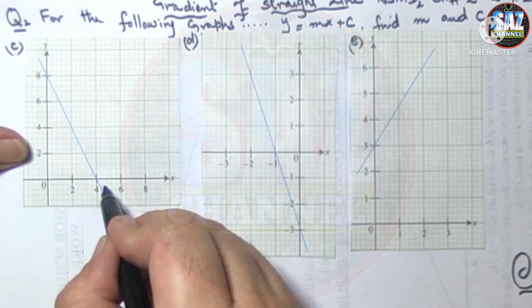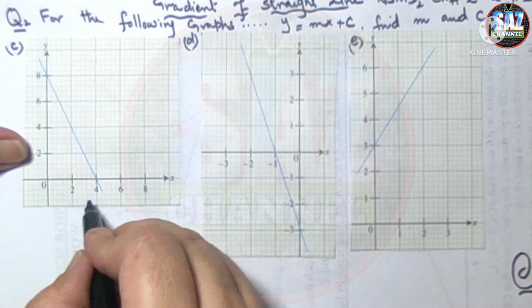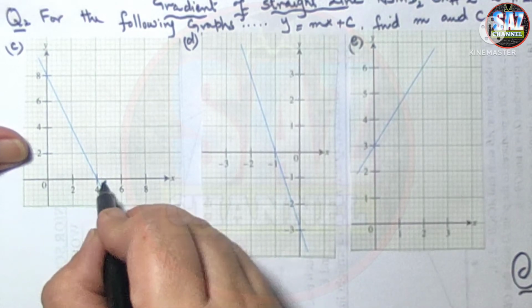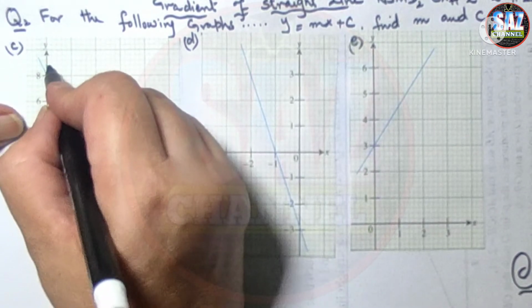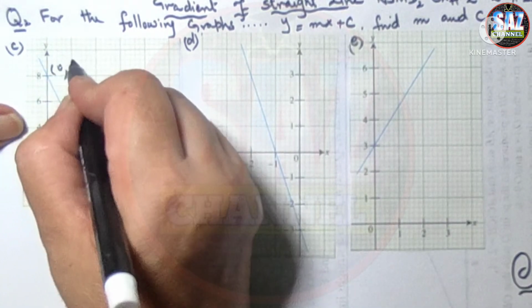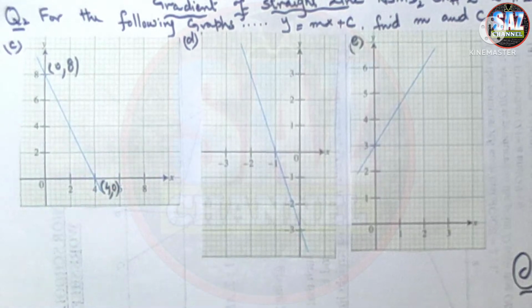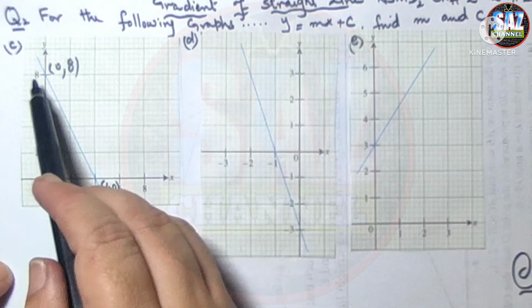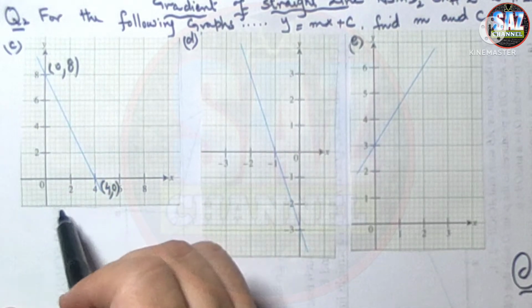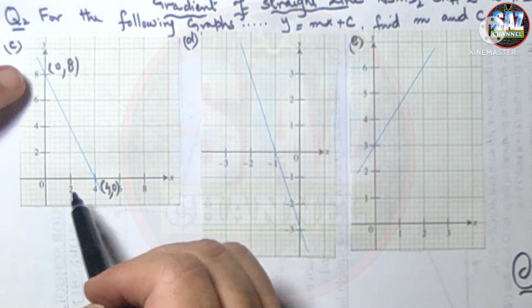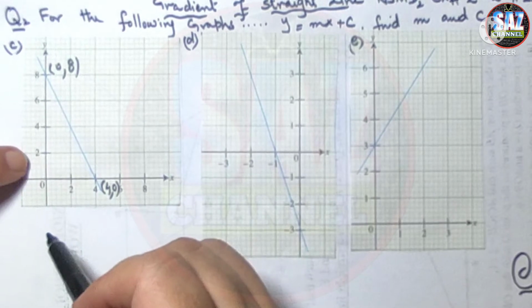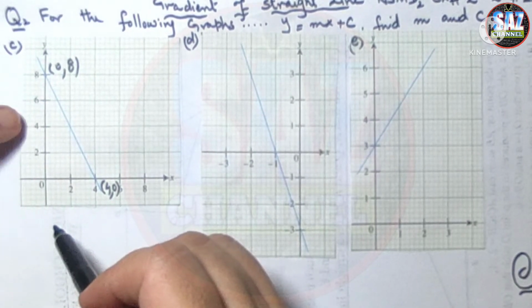Like when the point is on the x-axis, let me mark it as A. Its value will be 4 and 0. And this point is on the y-axis, its x value will be 0. Now, let's first find the gradient graphically, and then we'll compare whether the answer with the help of the graph and the answer with the help of the formula are the same or not.